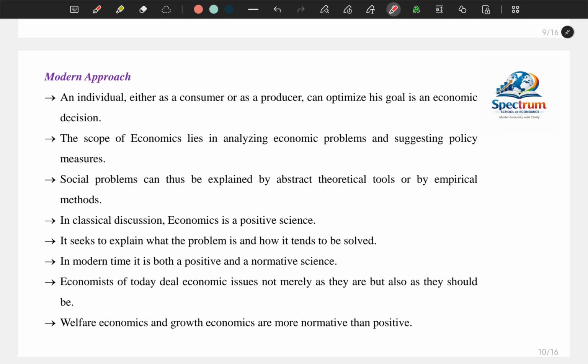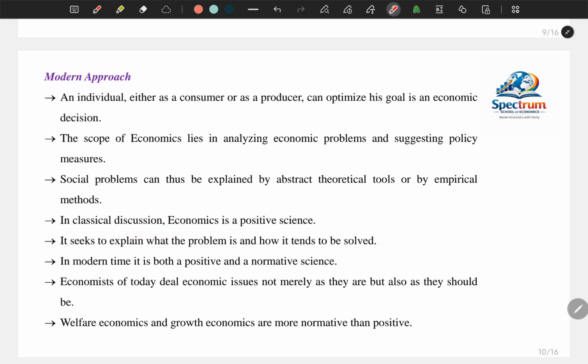Here the scope of economics lies in analyzing economic problems and suggesting policy measures. Social problems can thus be explained by abstract theoretical tools or by empirical methods. In the classical discussion, economics is a positive science, and it seeks to explain what the problem is and how it tends to be solved.